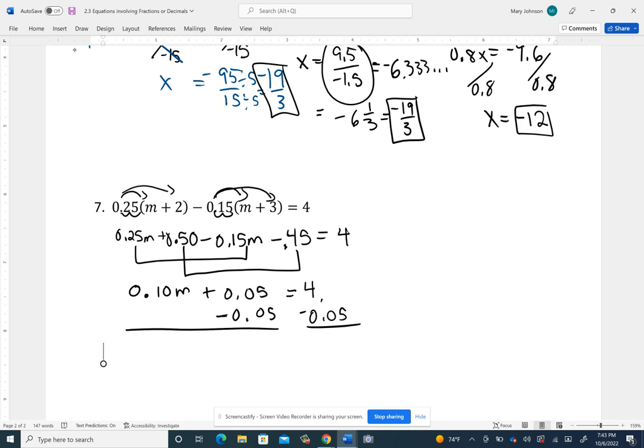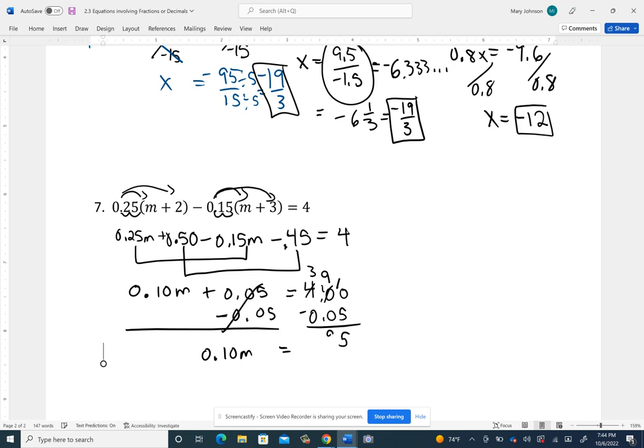Okay. I would subtract the negative 0.05 from both sides. I'd have 0.10m. And then on the right, when I do that, I'd have to borrow from the 3, making that 10, borrow from that, making that 9.